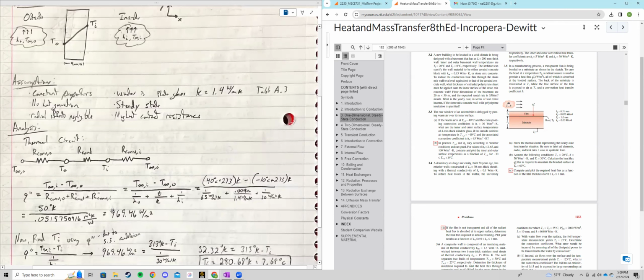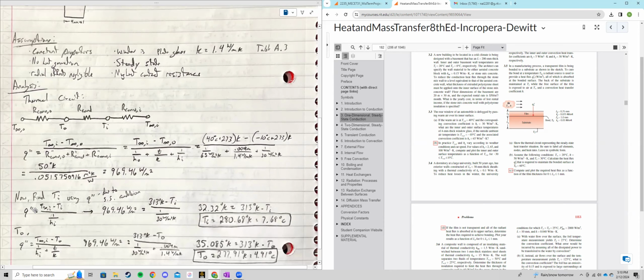Following that, I started with TI, and we can use the same Q because it is a steady state condition.